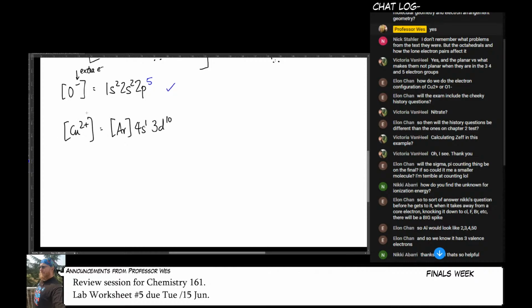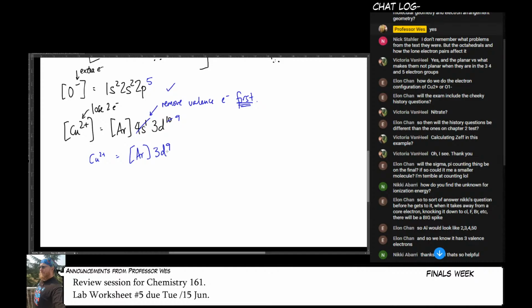And then when I remove these electrons because of the +2 charge, you always remove the valence electrons first. So I need to remove 2, so the 2 that go away are this one and this one. So copper 2+ will be argon 3d9.